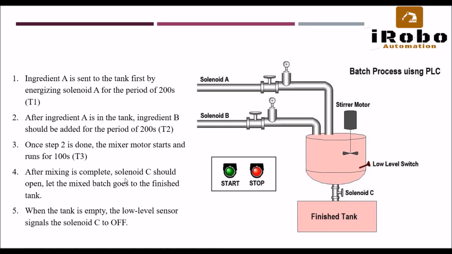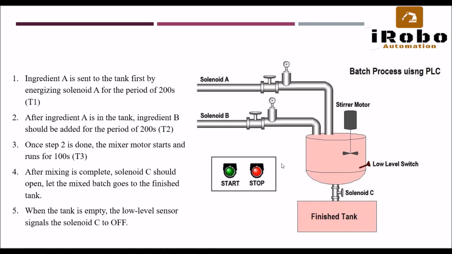After the mixing is completed, solenoid C will open so that it starts filling the finished tank. But solenoid C will go off when the low level limit switch is on, or the low level sensor gives a signal, then solenoid C should automatically close, that is off. So this is the required sequence.